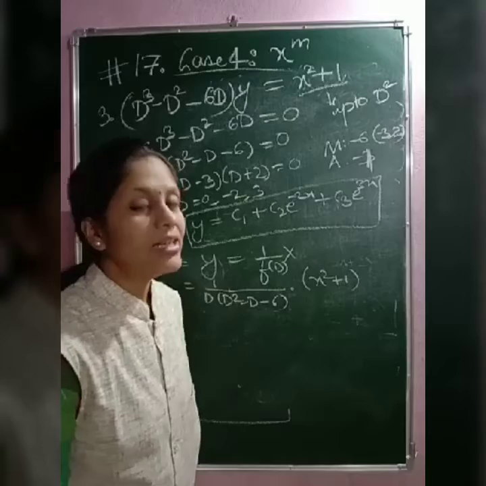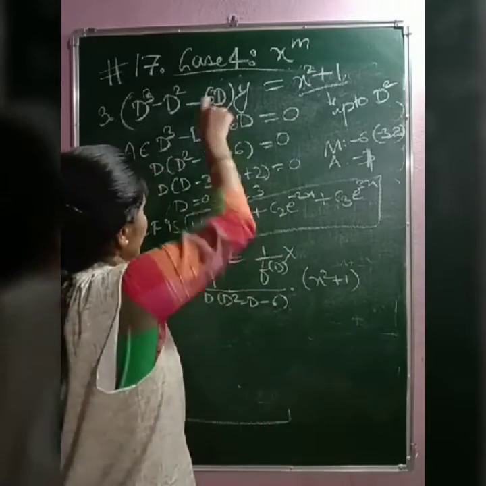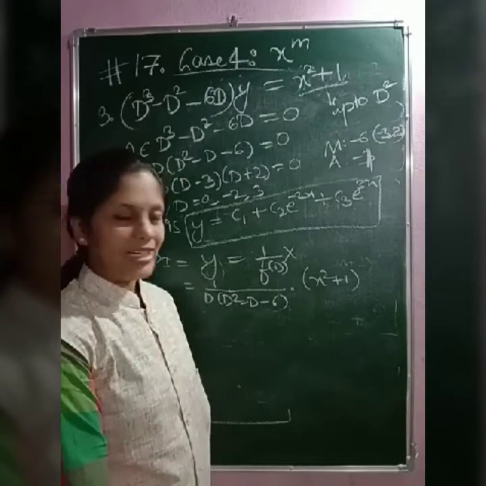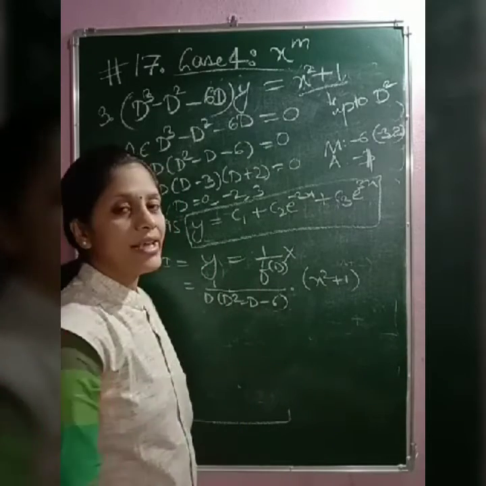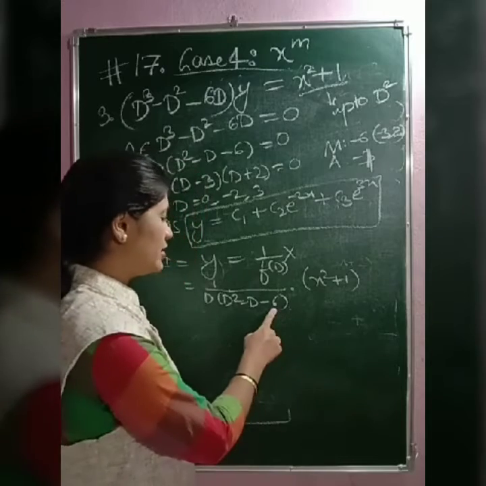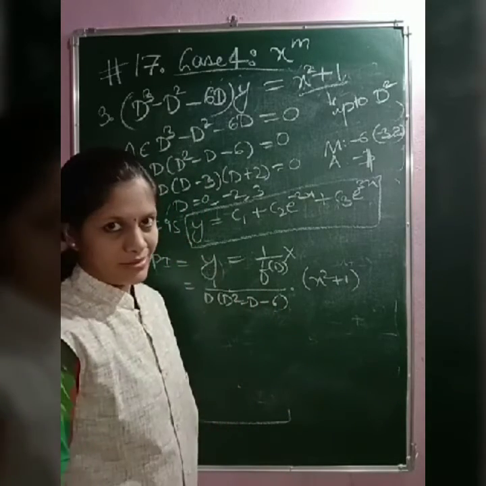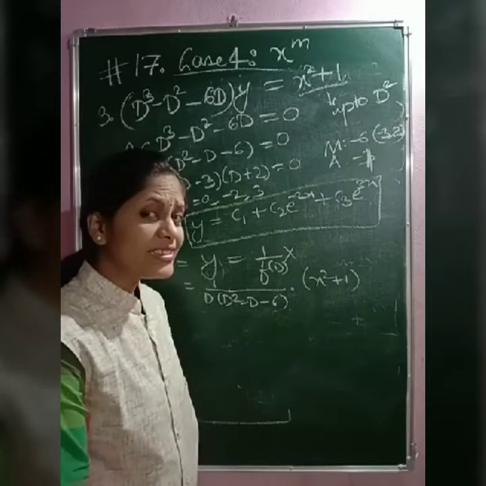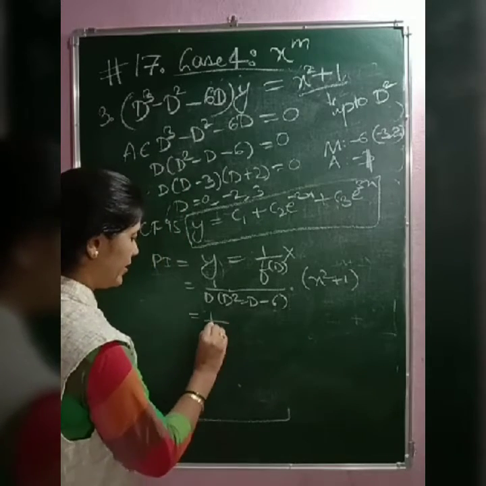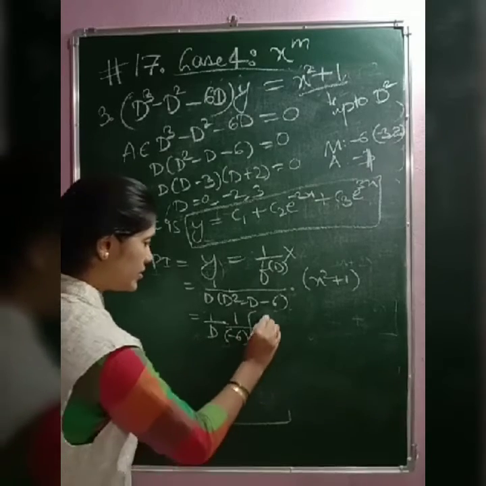Whichever form of f(D) you find easy to solve, that you can take. 1 by D, later we will integrate, and here we can express it in the 1 plus or minus form. Thus, in ascending order, minus 6 minus D plus D square, further taking minus 6 outside.